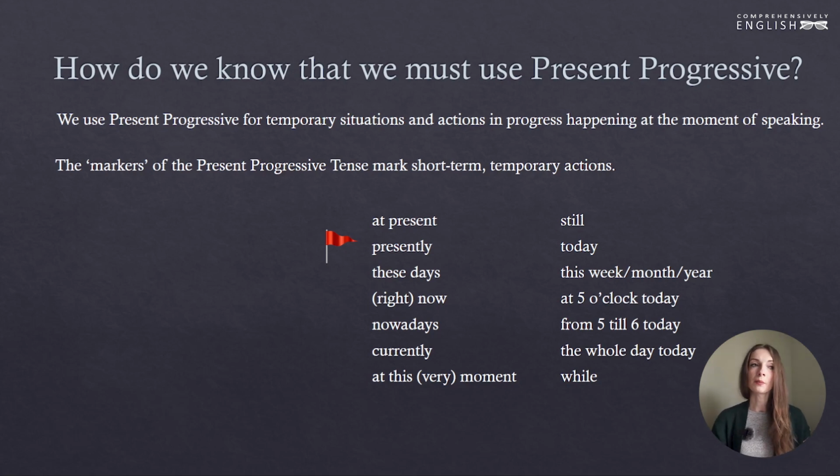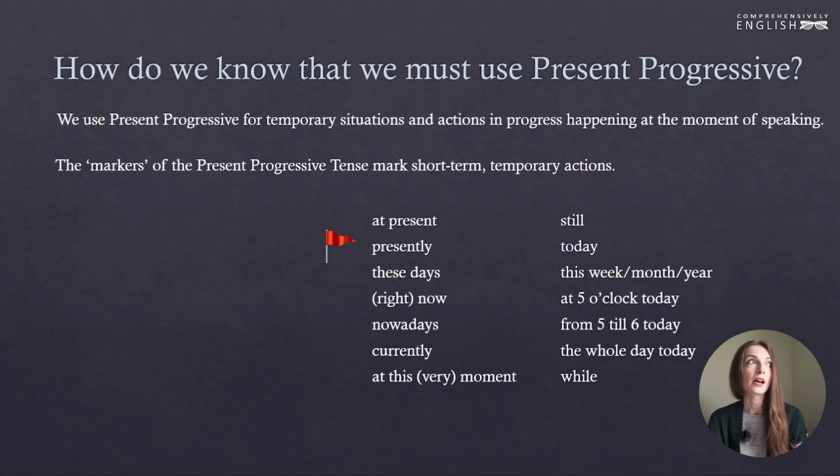You see that some markers coincide with the markers of the present simple tense. So your choice of the tense will depend on what exactly is that thing that you want to express. So, for example, I can say, now people spend less time with their friends and more time online.